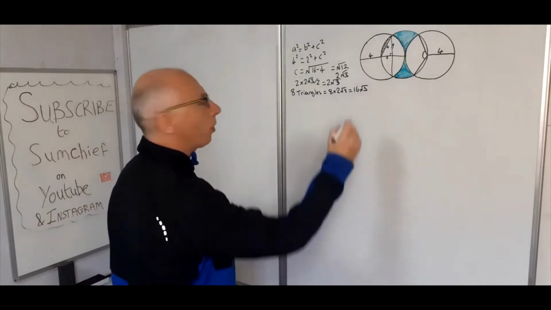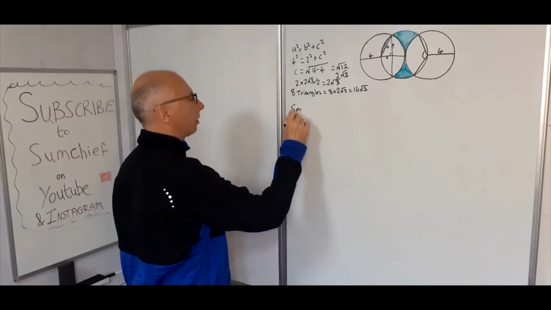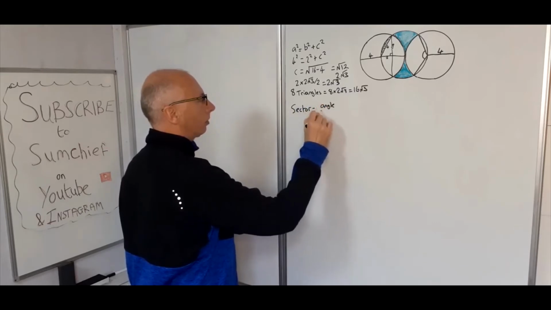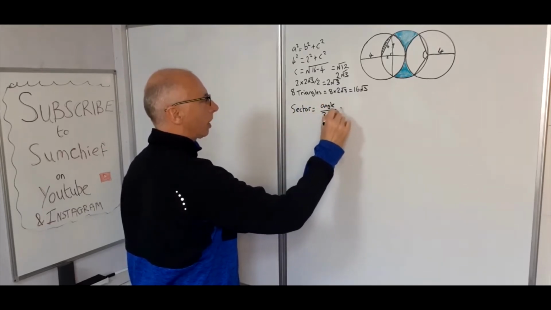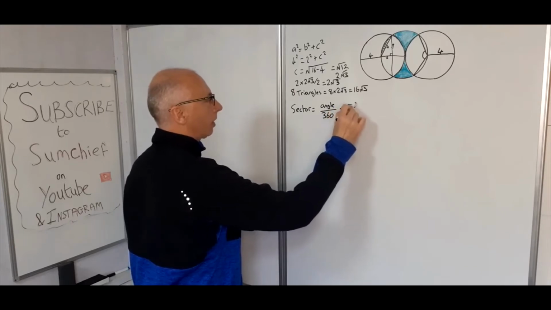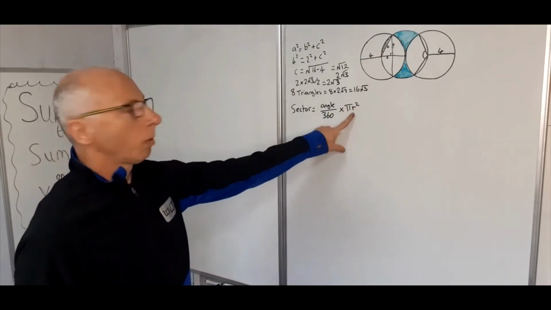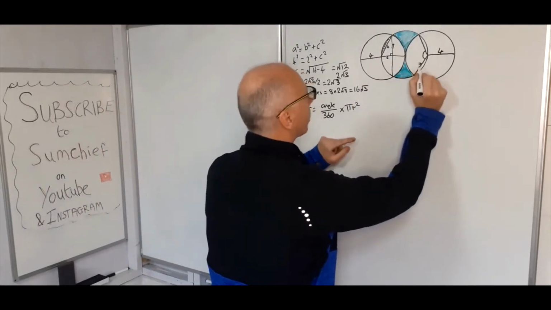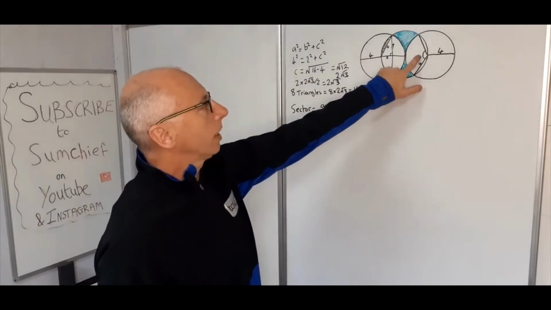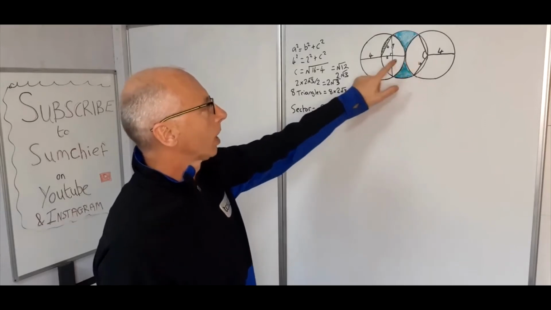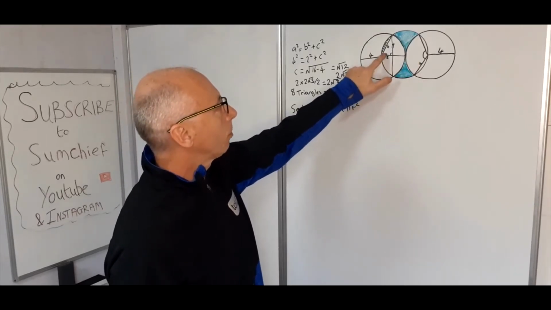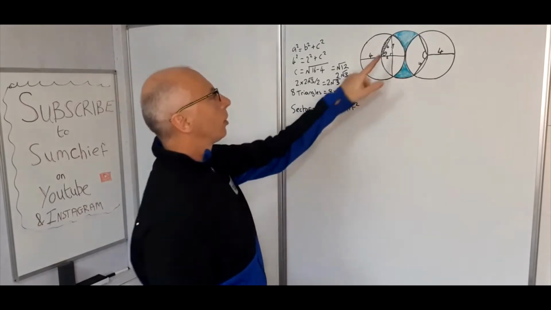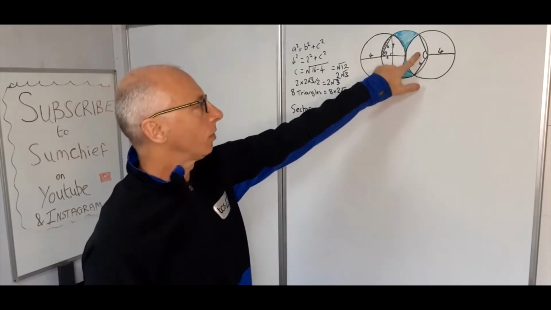And the formula for an area of a sector equals the angle divided by 360 times pi r squared. Well, we know the radius is 4. This angle here, we don't know yet, but it could be taken from twice this angle here, so if we get this angle theta here, double it, that'll give us the angle for this one here.